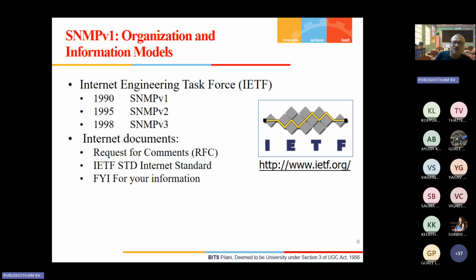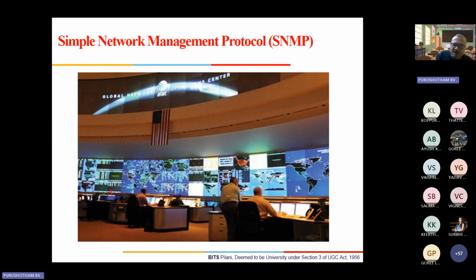Internet documents, request for comments, we call it as RFC. IETF standards, that is the Internet standards, and FYI, for your information. That's the SNMP version, organization and the information model.